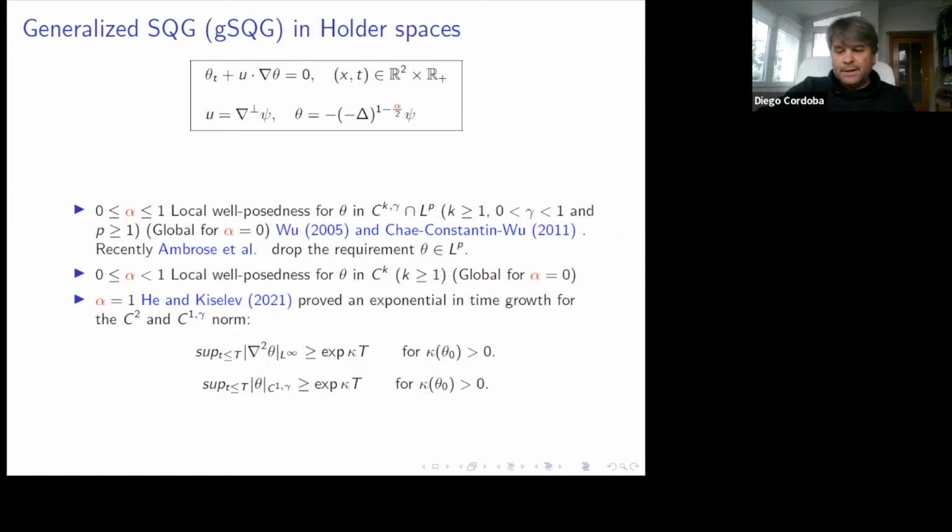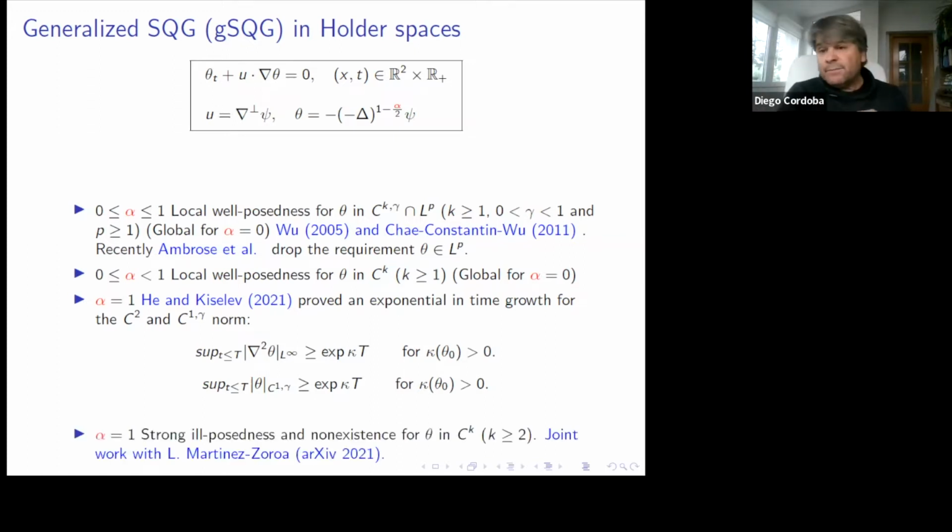In collaboration with my student Luis Martinez-Zoroa, who is actually applying for jobs this fall, we posted a paper, but it's actually published this year in 2022, on what happens for SQG in the endpoint C^k. And we prove that in C^k, for k bigger or equal to 2, there is a strong ill-posedness and non-existence.